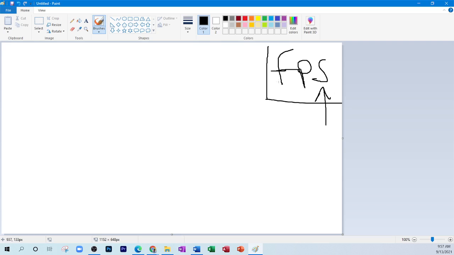So what we're looking at with frames per second is how many images, how many drawings, how many scenes can appear in this second that we can perceive. We can tell a second apart from another second. We can actually count seconds, so we can perceive it.